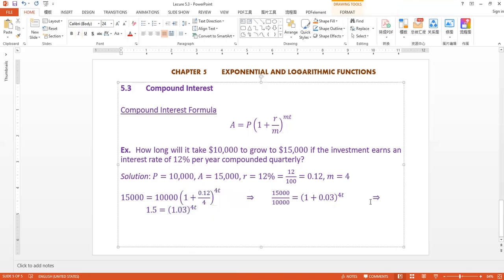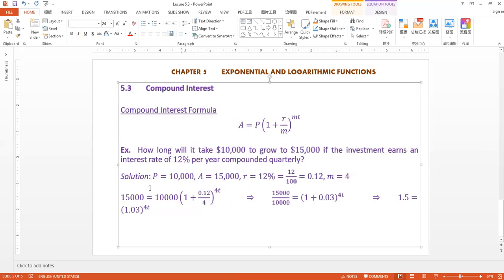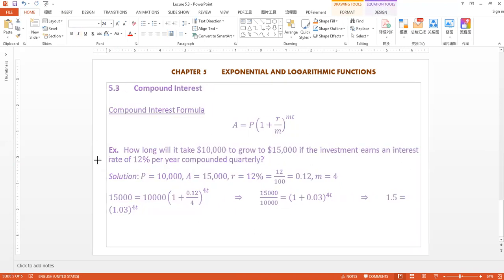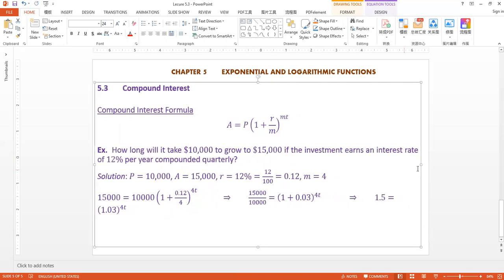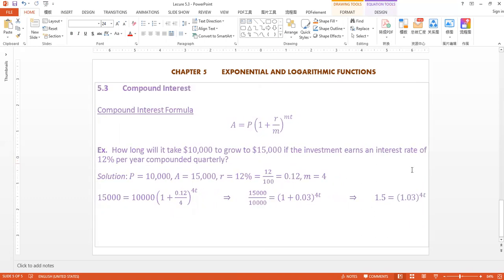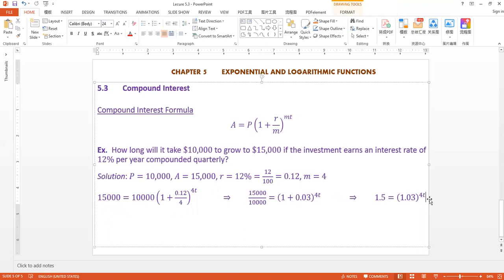And then just like we solved the equation in 5.2, we take the logarithm. We can take the natural log on both sides.